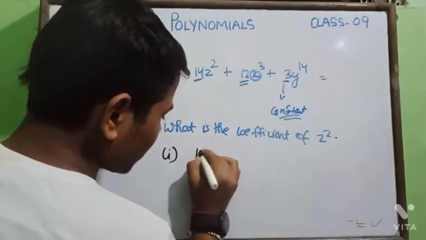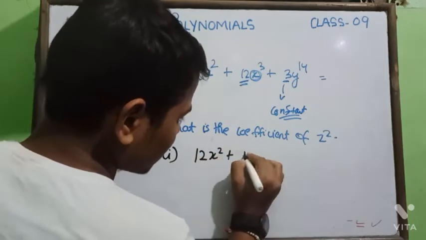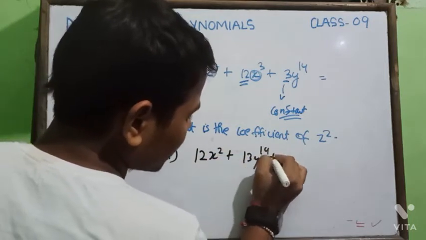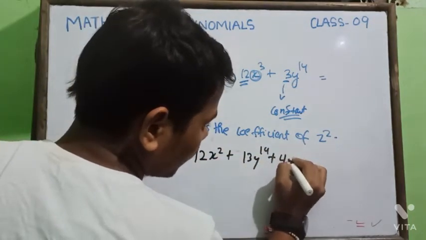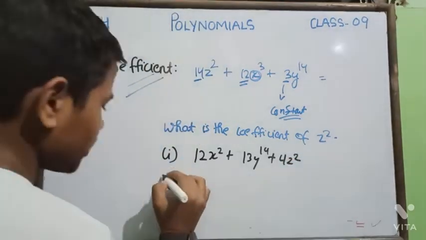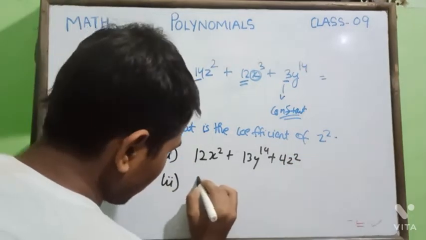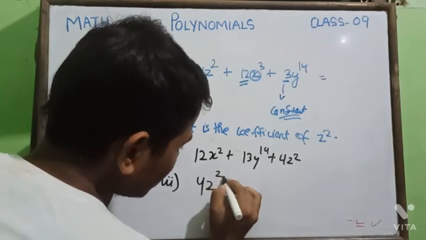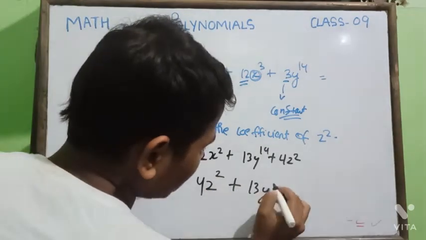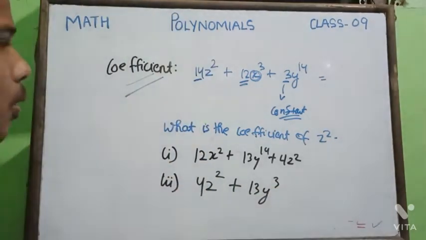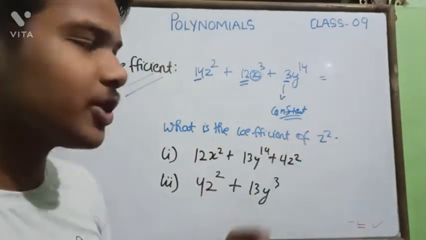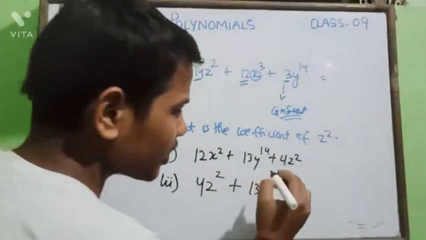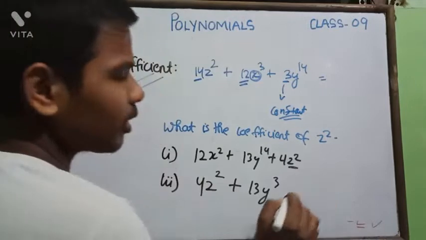First question: 12x² plus 13y¹⁴ plus 4z². Second: 4z² plus 13y³. Now what is the coefficient of z²? First see where z² is.